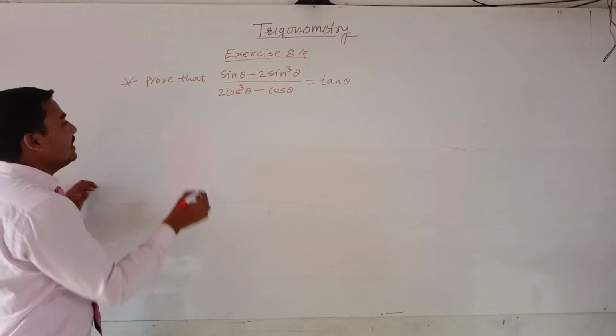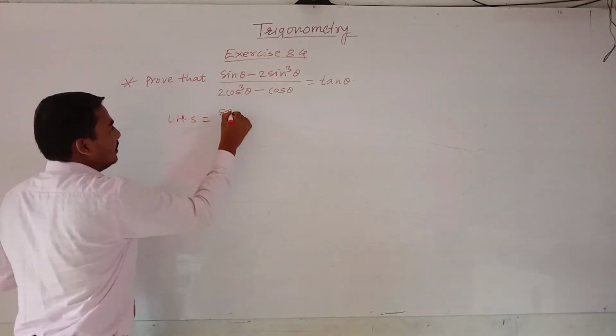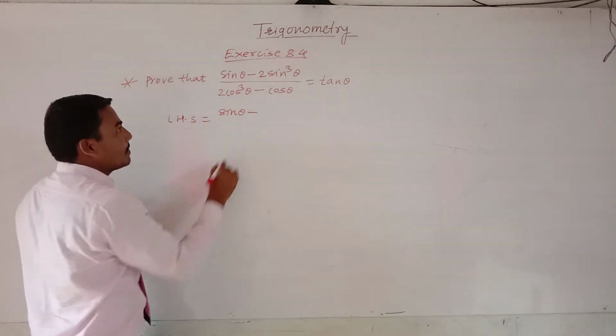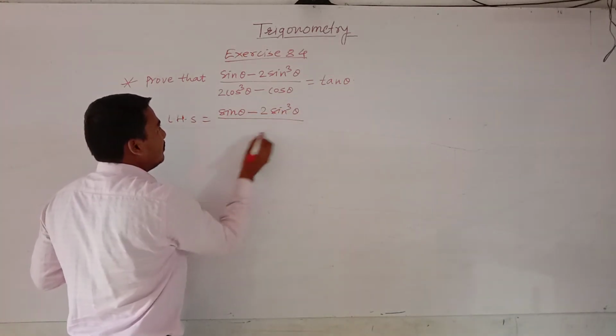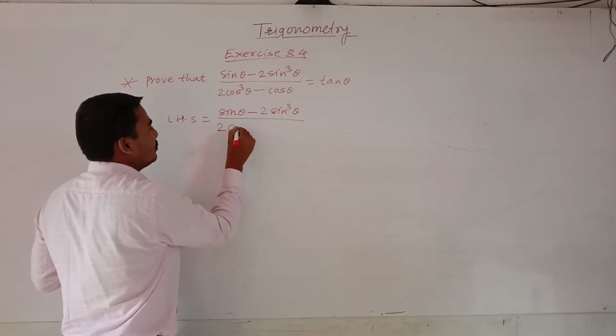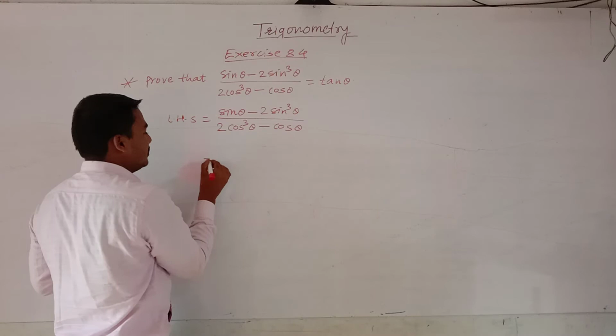Now I want to take LHS. LHS is (sin theta minus 2 sin cube theta) upon (2 cos cube theta minus cos theta).